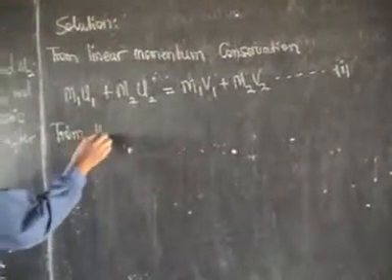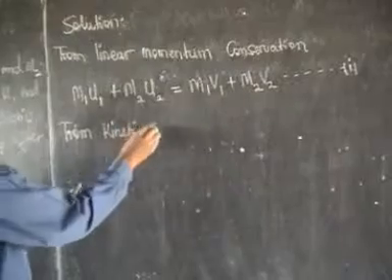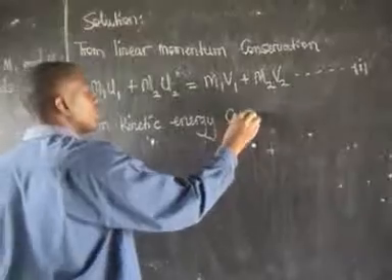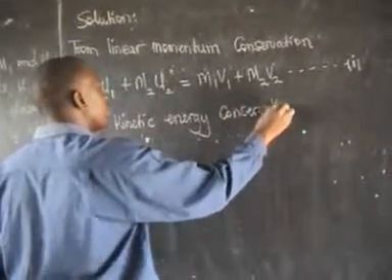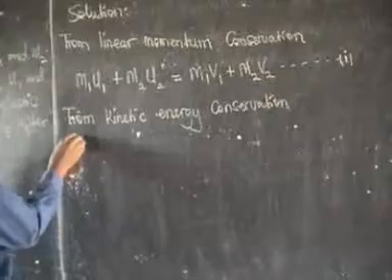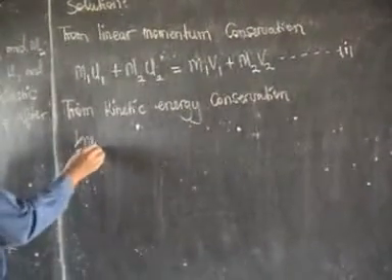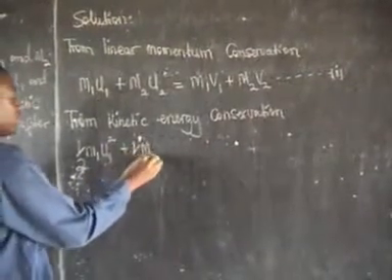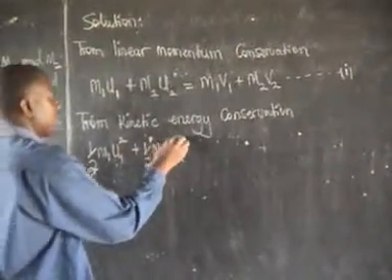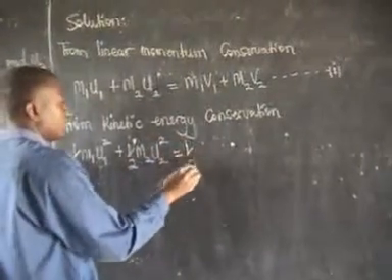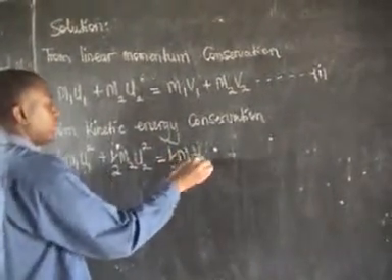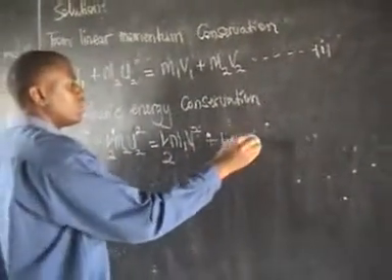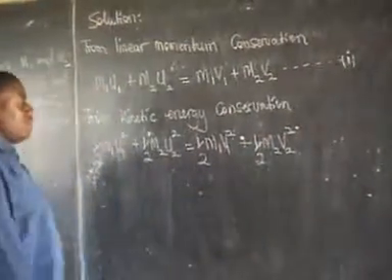So from kinetic energy conservation, we shall have a half M1 U1 squared plus a half M2 U2 squared is equal to a half M1 V1 squared plus a half M2 V2 squared.